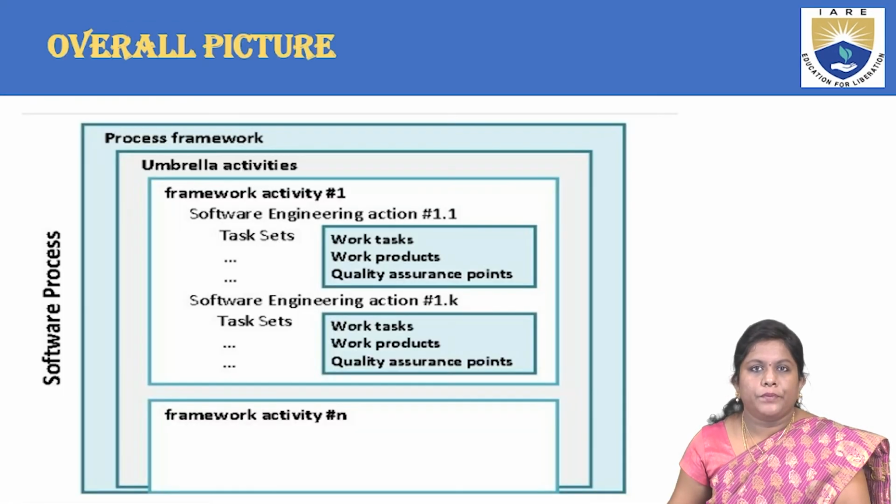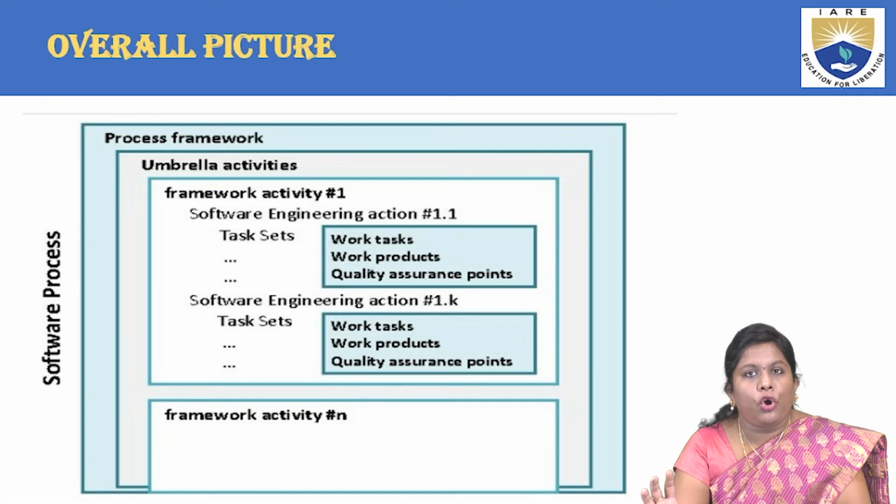Next, moving to the overall picture of what the software process looks like. So this was our discussion, the software process. How does this look? On the border, you have the process framework. Within that, you have umbrella activities, and within the umbrella activities, you have various framework activities. We have listed a few.